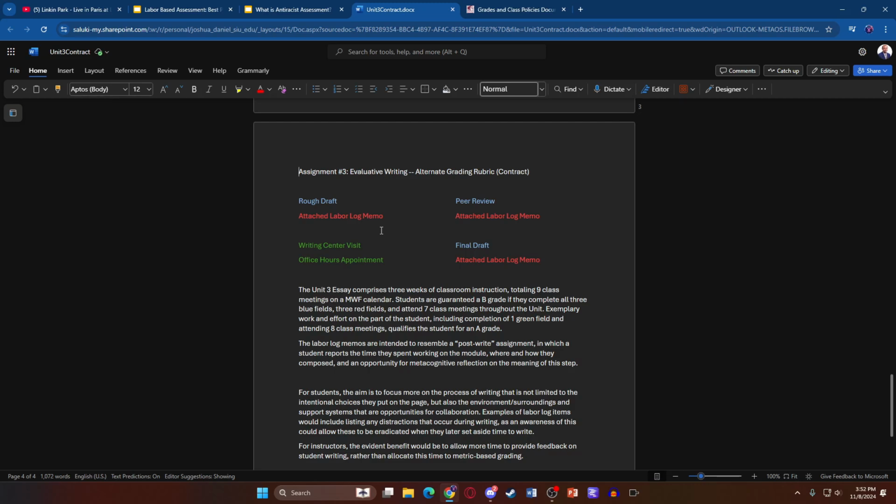I want them to include things like what kind of distractions they had while they were writing, where they were writing, how long they were writing, and what other resources they were using at the same time. Because if they're making themselves aware of those conditions and the choices they're making, then that really is going to make them more intentional with the environment or situation that they put themselves in to actually be able to write and to get things on paper.